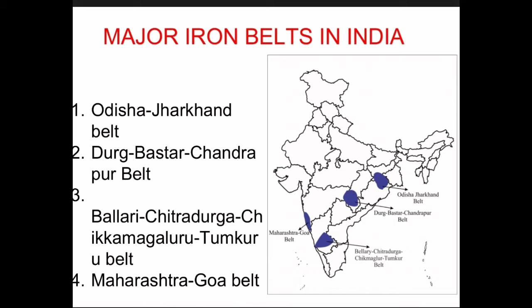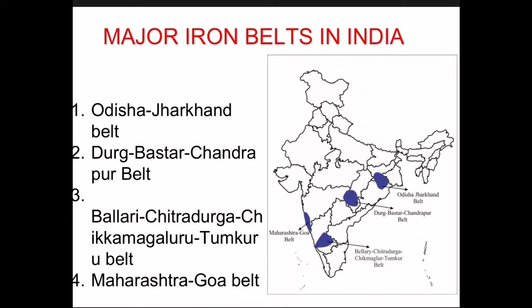The second famous iron belt in India is the Durg-Bastar-Chandrapur belt. This lies in Chhattisgarh and Maharashtra. Very high grade hematites are found in the famous Bailadila range of hills in the Bastar district of Chhattisgarh.